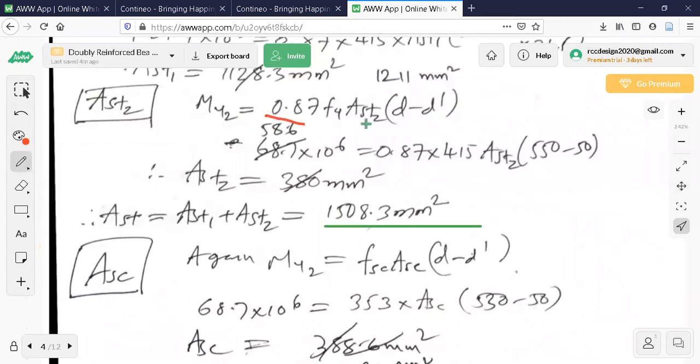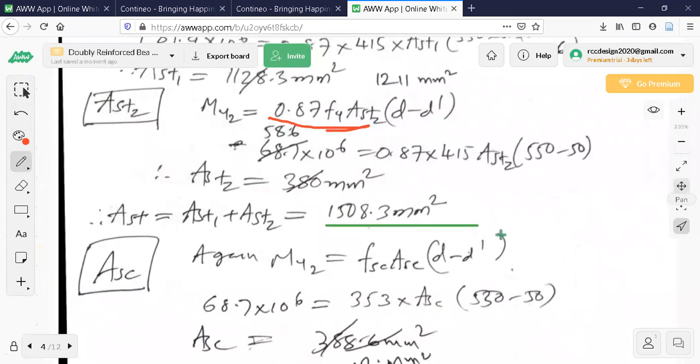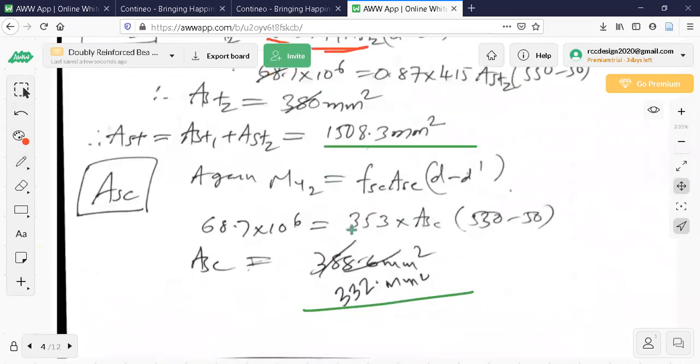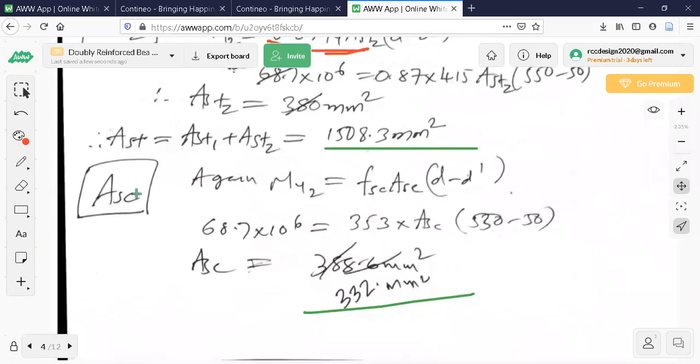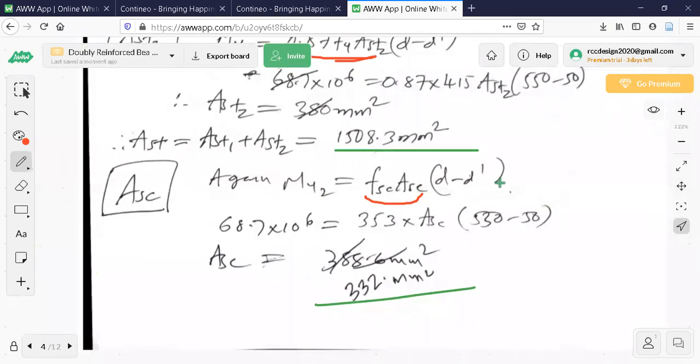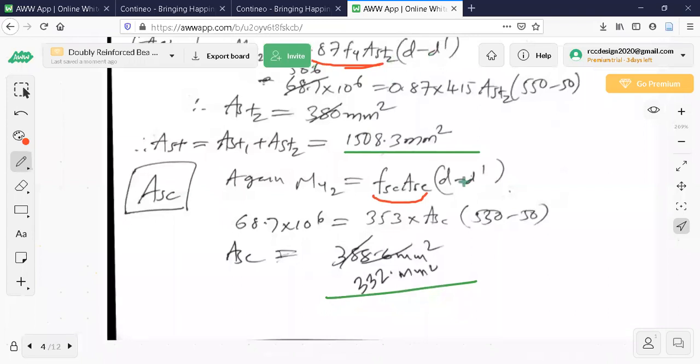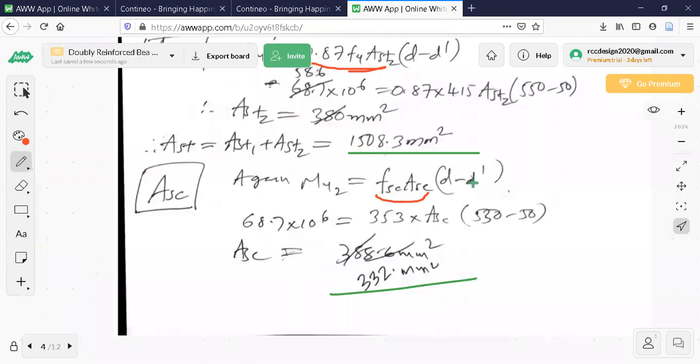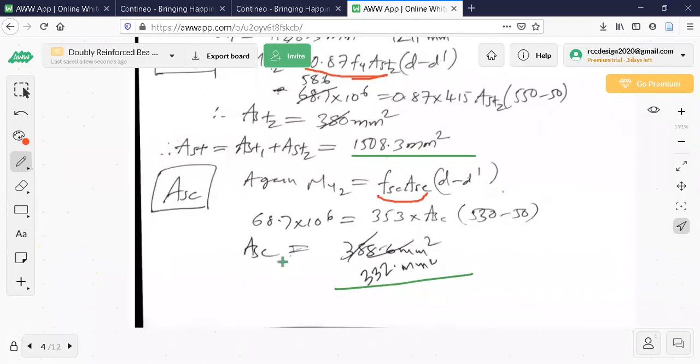This is Tu2 into lever arm, and this is Cu2 into lever arm. If we use this one, keeping LHS as Mu2 value, you are going to find Ast2 and Asc values. So this is how it is done.